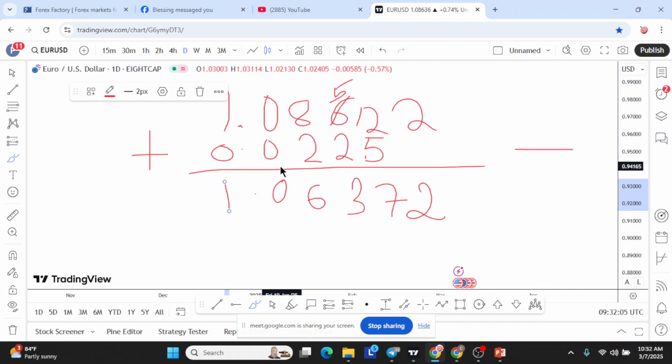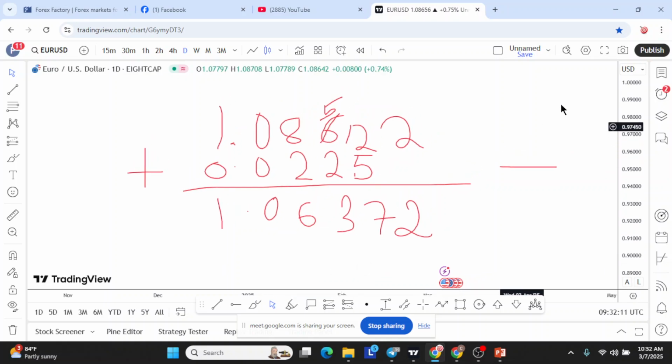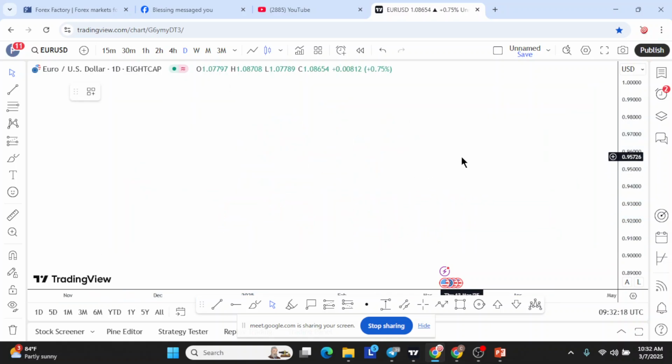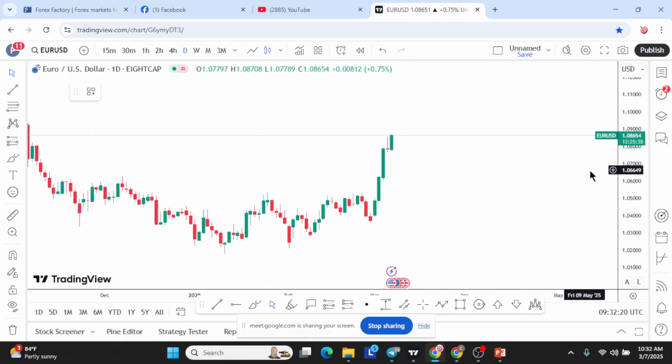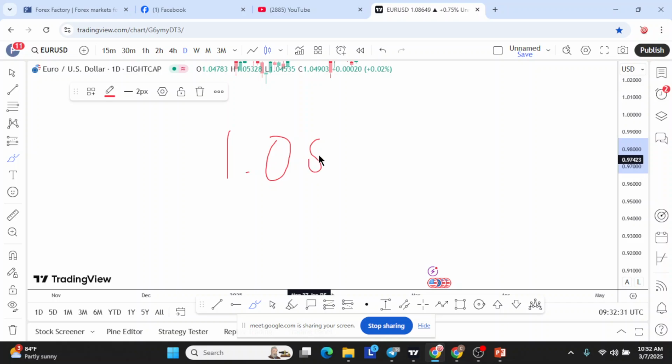All right, so now before I proceed, I would like to give you a very quick assessment, so that I will know that you fully understand now. So let's look at the current exchange rate that we have. Now the value has gone up a bit. Now we have 1.08651.